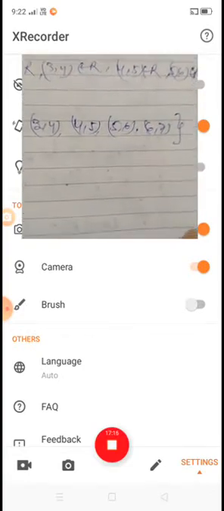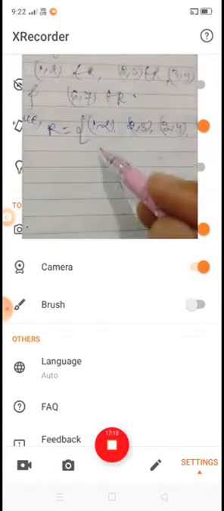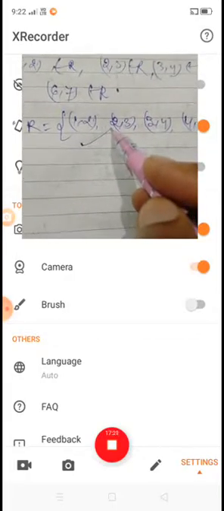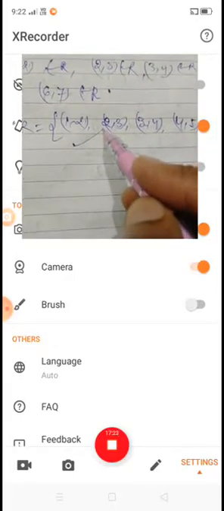Okay, now we represent this relation in an arrow diagram.